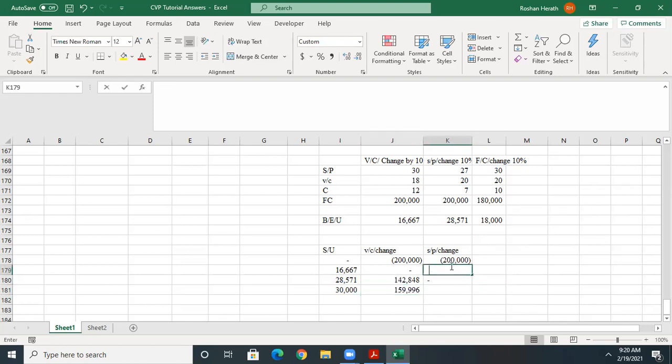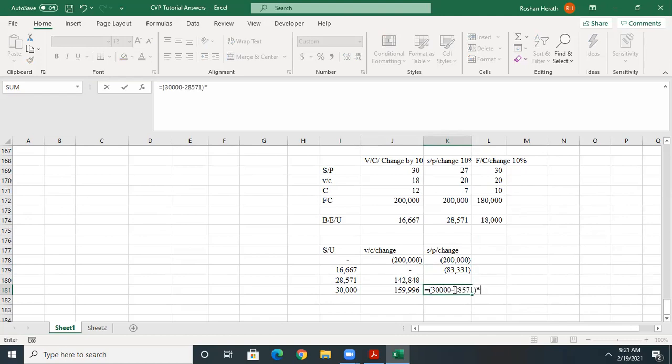And here, what is the situation at the level of 60,667 units? For the sake of completion, contribution is rupees 7 minus 100,000. So 83,000. At units of 30,000 level, how much is the situation? 28,571 into 7. So this is it.